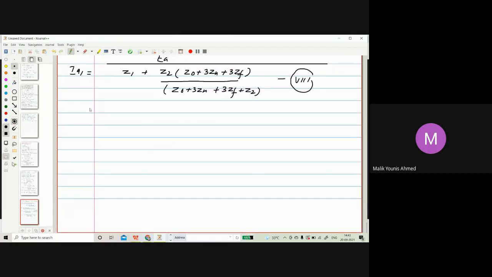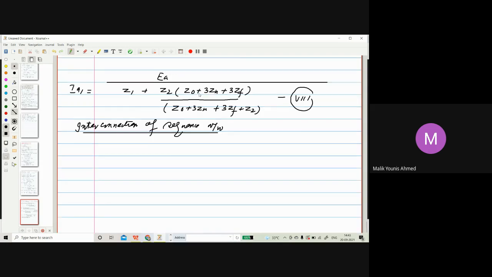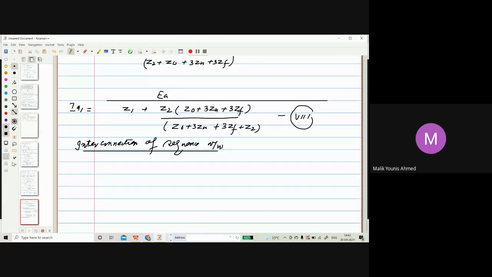So here we have the interconnection of sequence network. Okay, now let's have a look here. So what we have is the IA1 current.